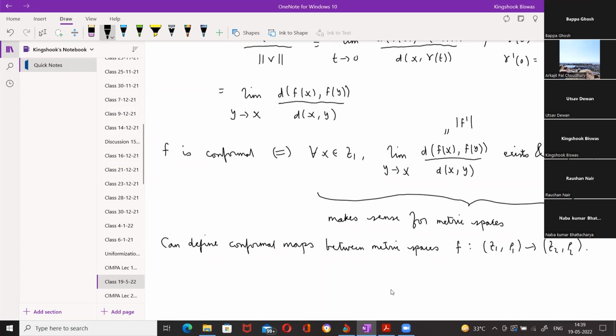And then we call this the derivative of the conformal map. So it's a positive real valued function, right?